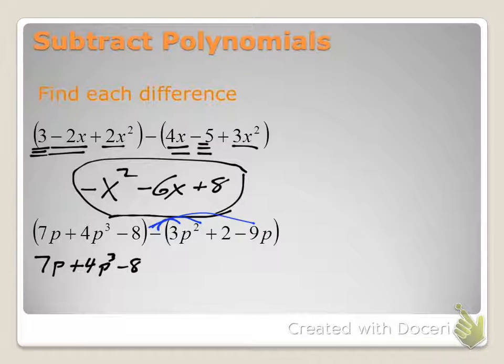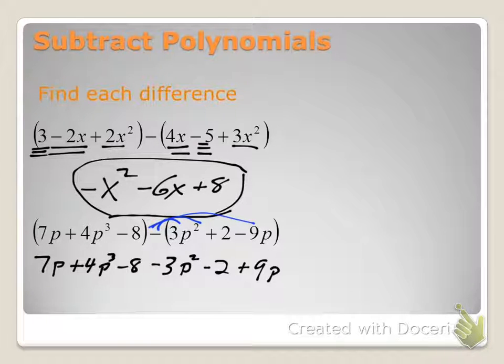Okay, so we're going to distribute that negative through to make it negative 3p squared minus 2 plus 9p. So you change the sign on the polynomial that's second, after the negative, and then you go through and combine like terms like you did earlier, because now it looks like an addition problem, right?